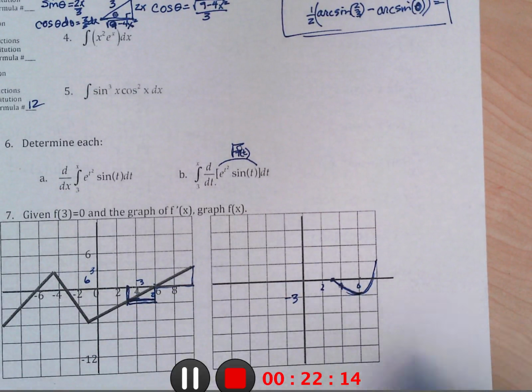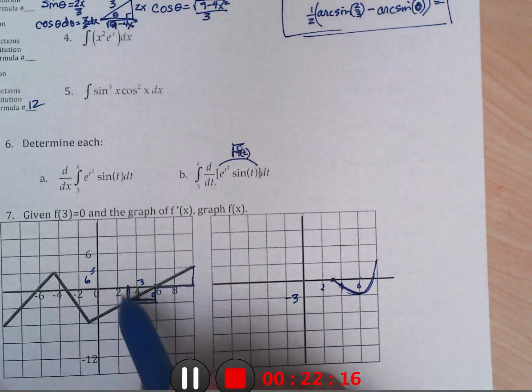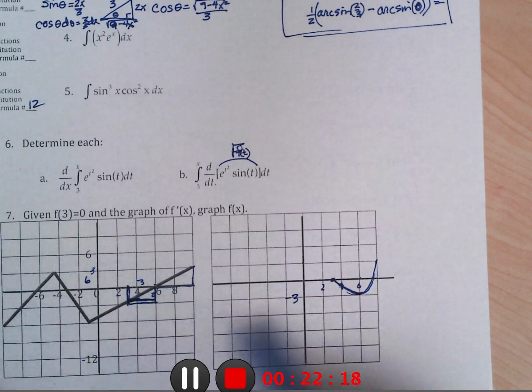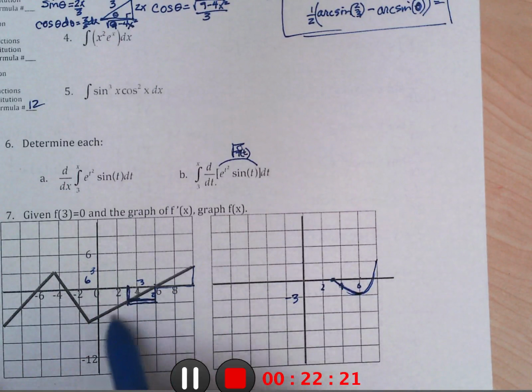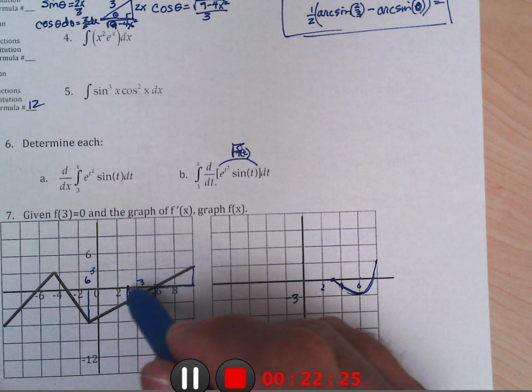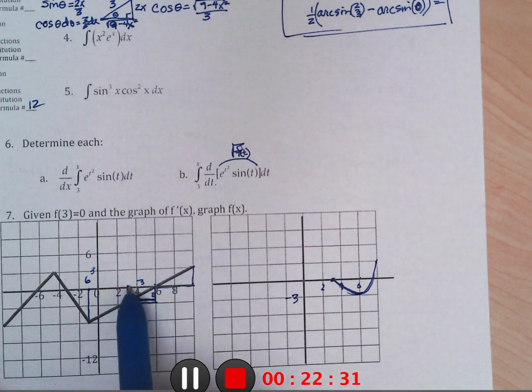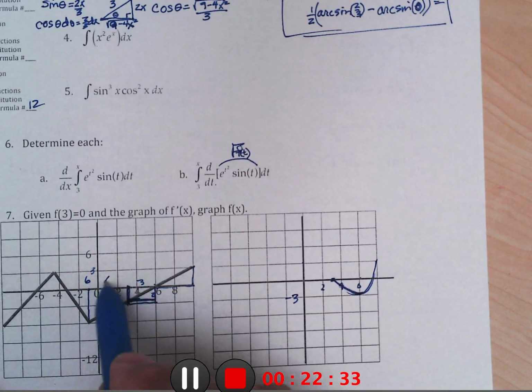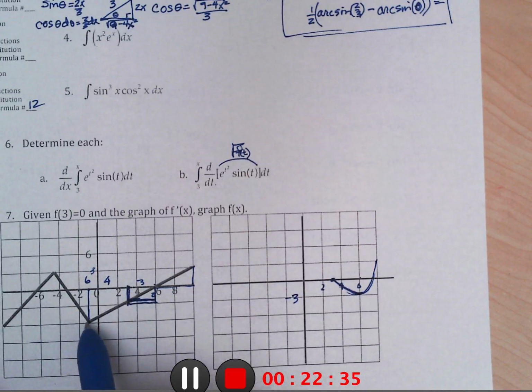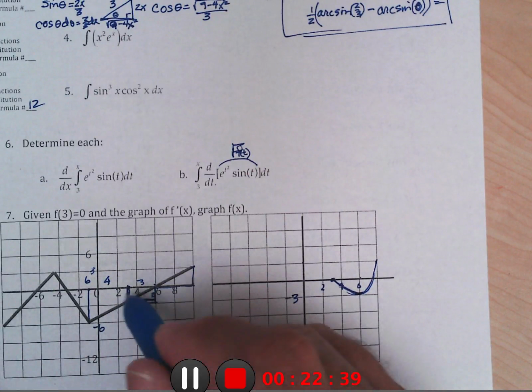Okay, now what happens here? Well, this is negative, so I'm still going down. I'll work from here to here, so that's from minus 1 to 3, that's 4 wide. And the height here is minus 6. The height here is minus 2, I'm saying.